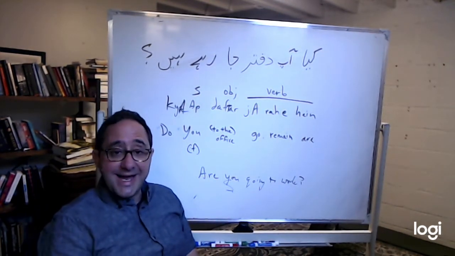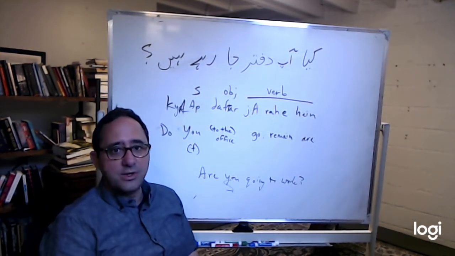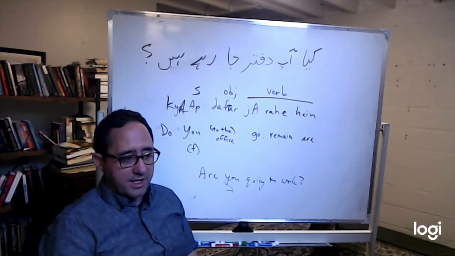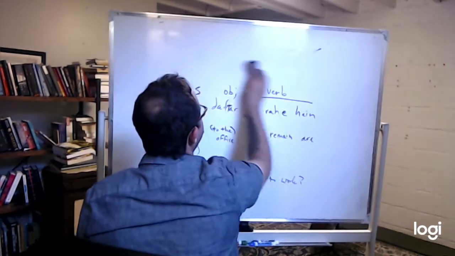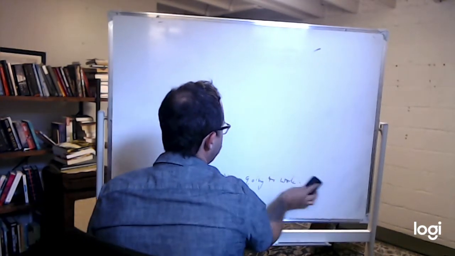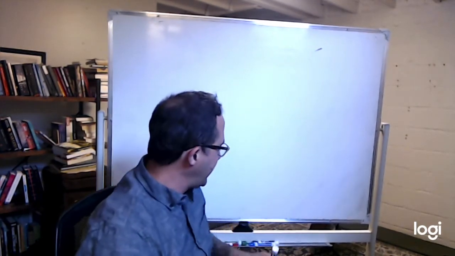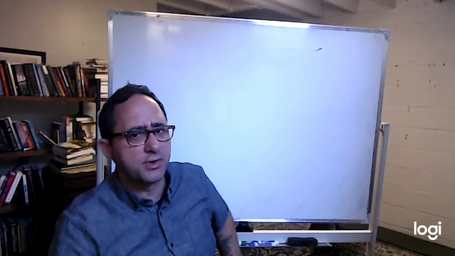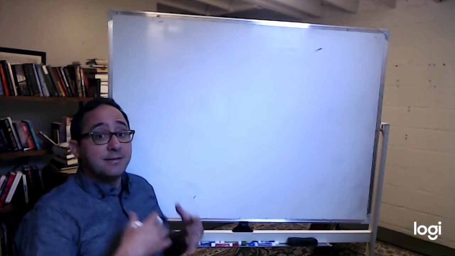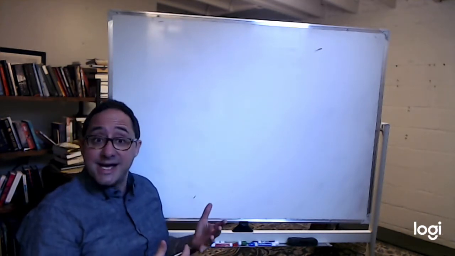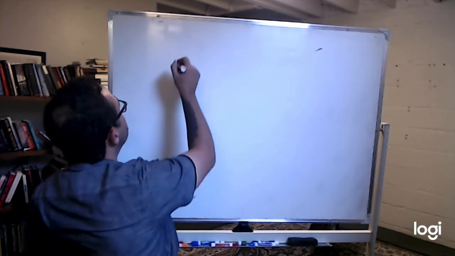I'm trying to think if there's anything else that I want to tell you about Urdu before we go. I've taught you some things that you can say to people when you meet them. What do you say? And I'm not going to write it out this time. We're just going to talk. What do I say when I meet someone? If I'm in Pakistan, I might say Assalamu alaikum.